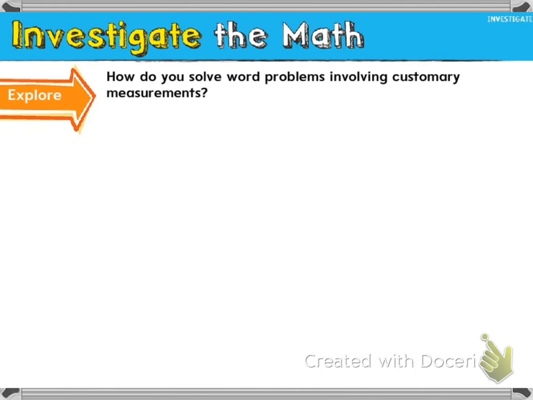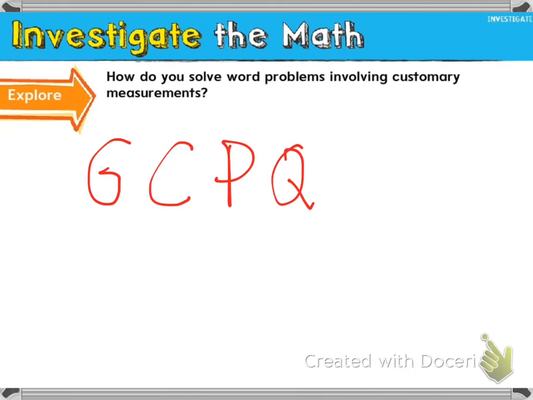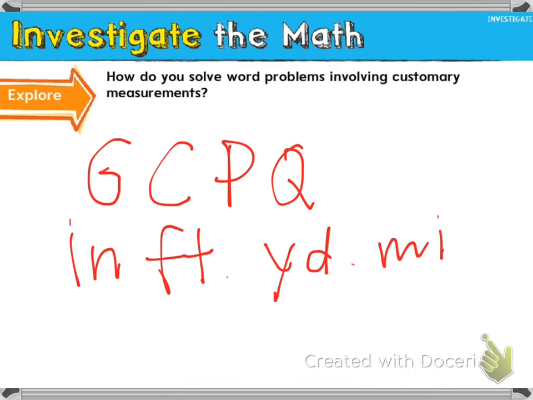Okay, now next we have the question, how do you solve problems using or involving customary measurements? Okay, well, customary measurements are, remember with me, gallons, cups, pints, quarts, also inches, feet, also yards, miles.